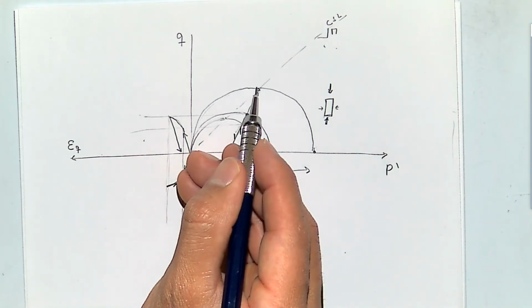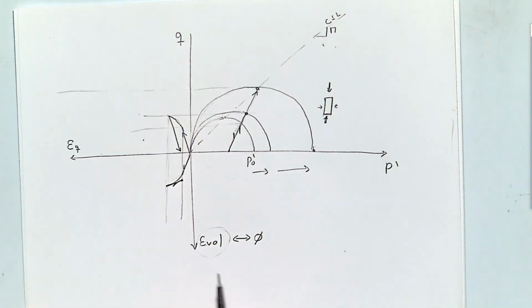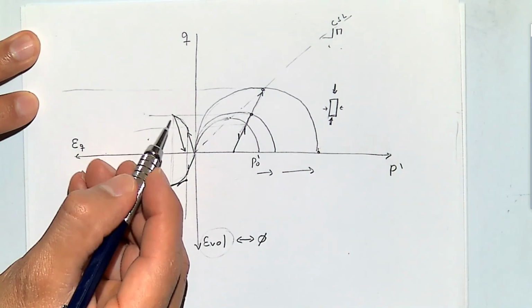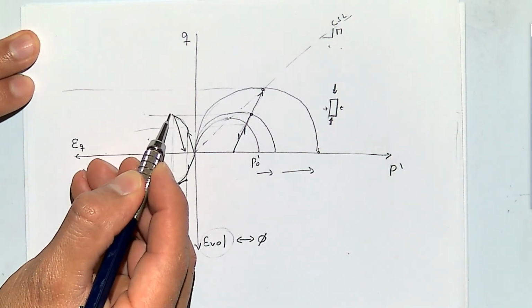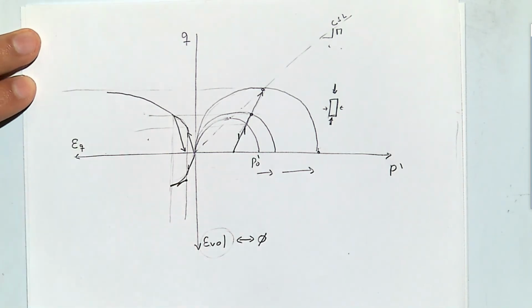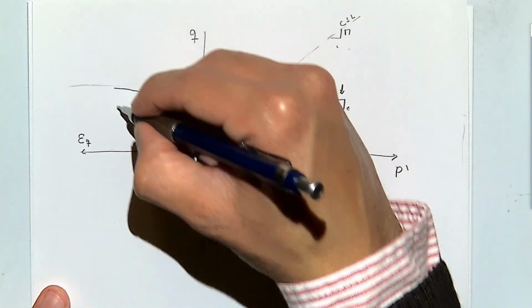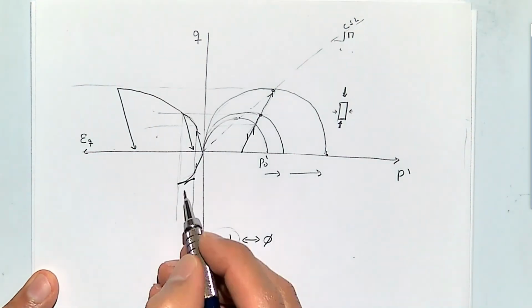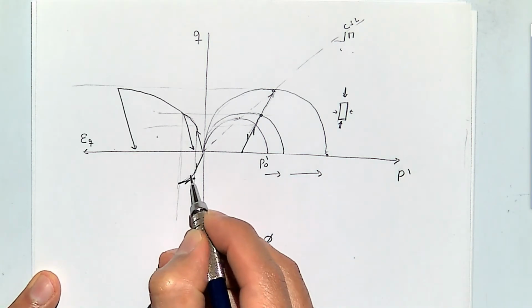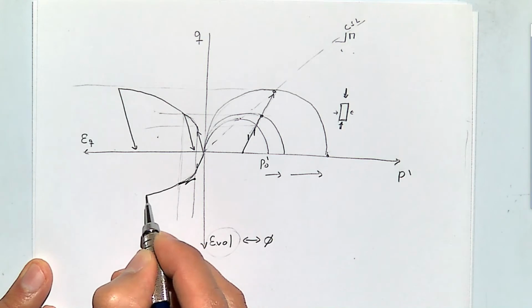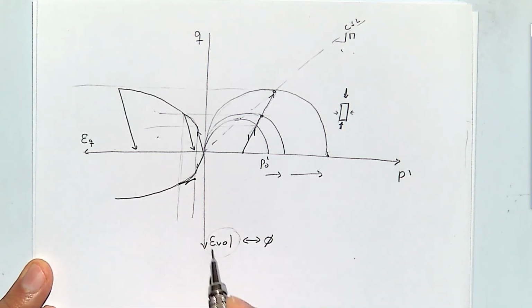If you were to unload this material, let's say that you get to here, and then you unload it, it will come back this way, but on the volumetric region, let's say that it tends to a value somewhere over here.